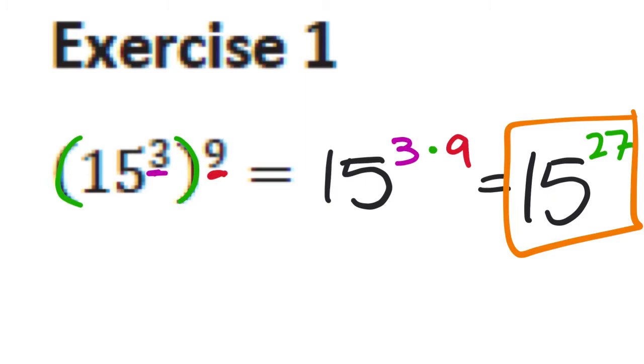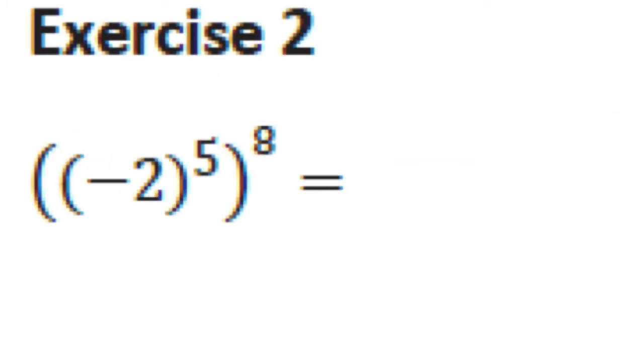That's as far as we need to go. 15 to the power of 27 is a ginormous number, so we're not actually going to evaluate that. Now, this next one is showing 2 sets of parentheses, which is okay, because it's just showing that this base of -2 is in its own set of parentheses, which we should have for negative bases. Then we look at the 2 exponents, 5 and 8.